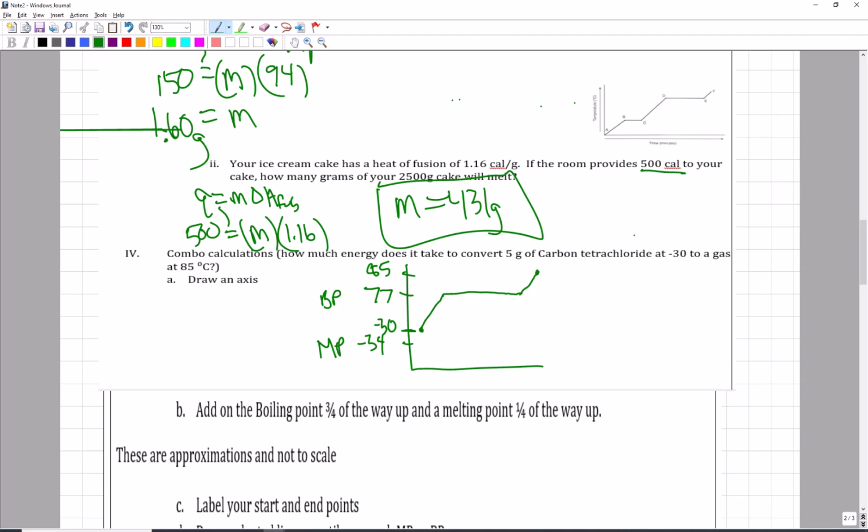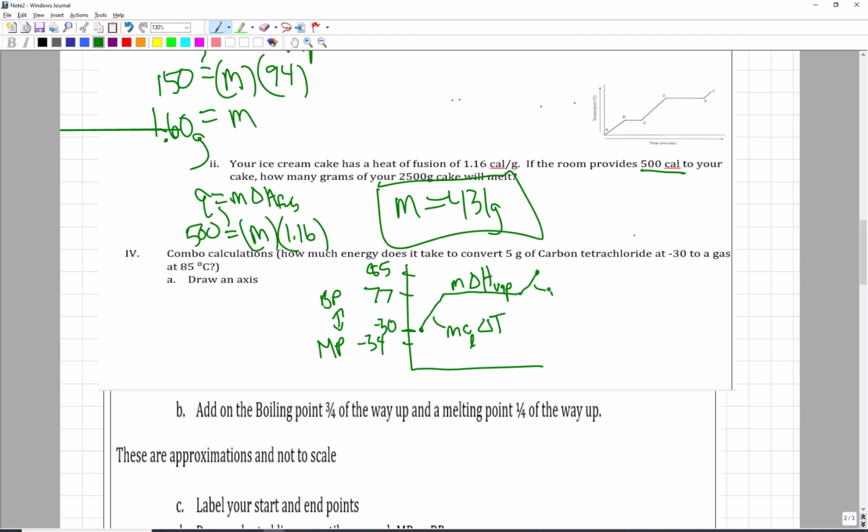Okay? So this slanted part right here is going to be Q equals MC delta T. This is a liquid because it's in between melting and boiling. This part right here is going to be M delta H. It's at the boiling point, so vapors.